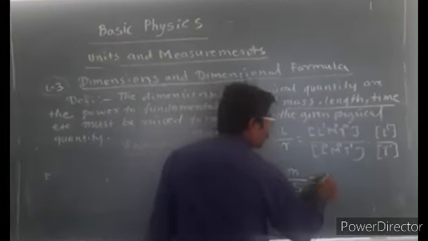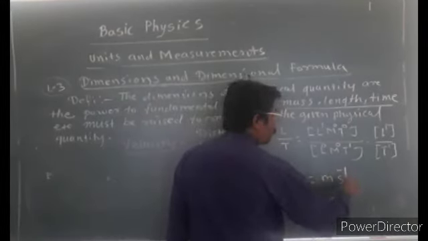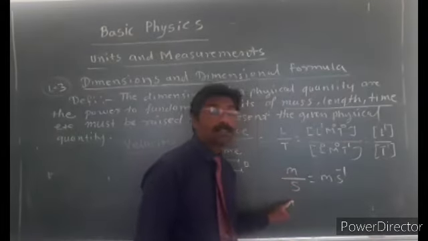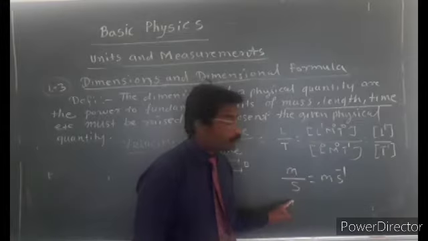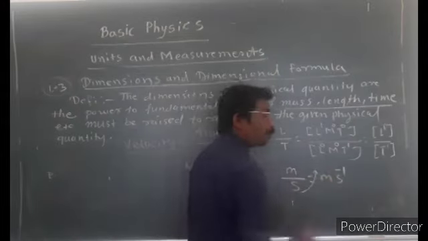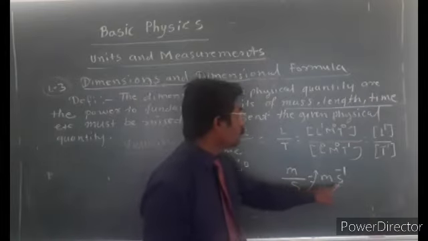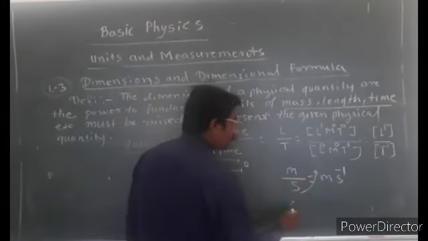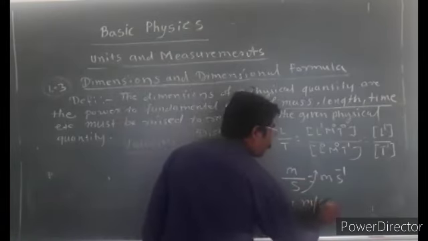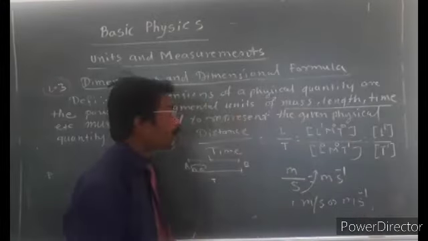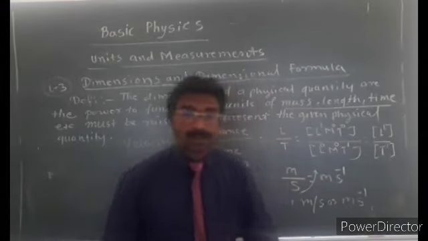You can write this as meter second inverse. Why this minus 1? Because meter is at the numerator and second is at the denominator, and when a denominator comes to the numerator, it becomes minus. So we can write the unit in two ways: meter per second or meter second inverse. This minus 1 is called inverse.